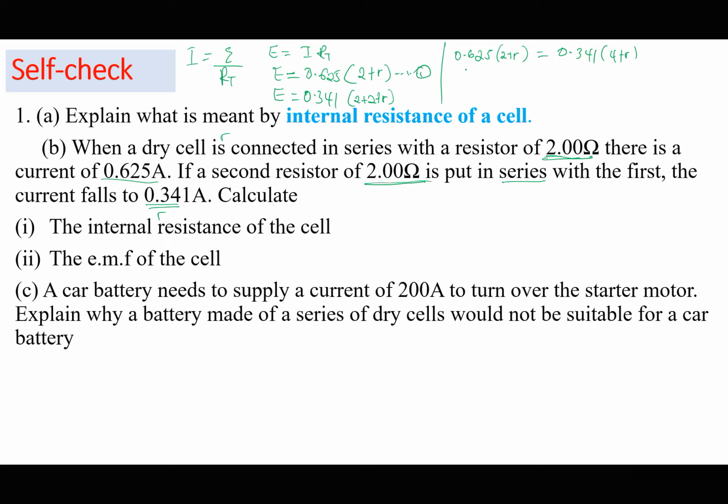Opening the brackets, at the same time collecting like terms. I hope you are better mathematicians than me. So I'll say 0.625 r minus 0.341 r. I've collected like terms for r to the left.